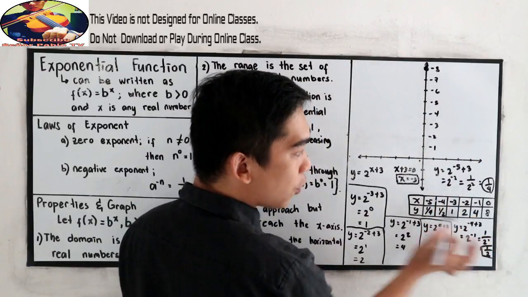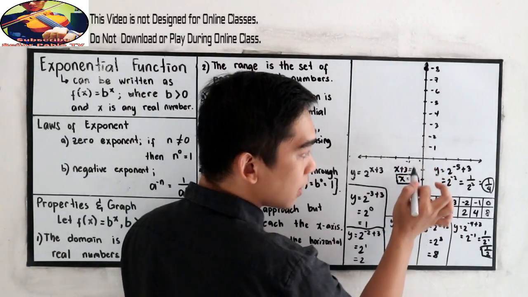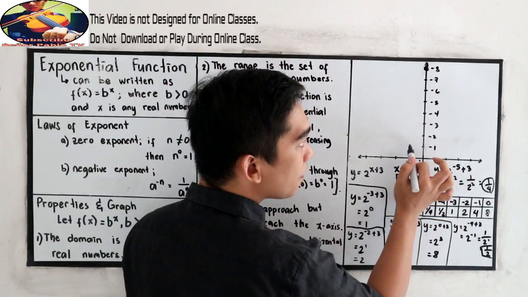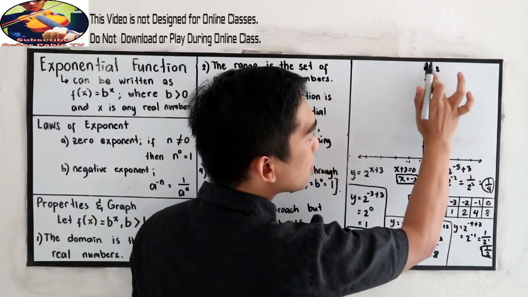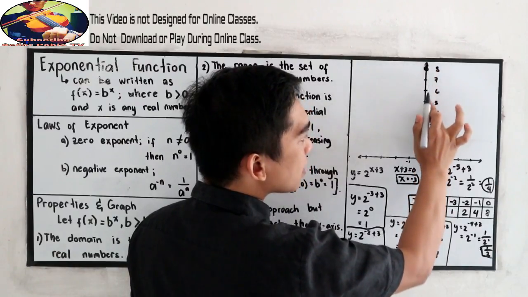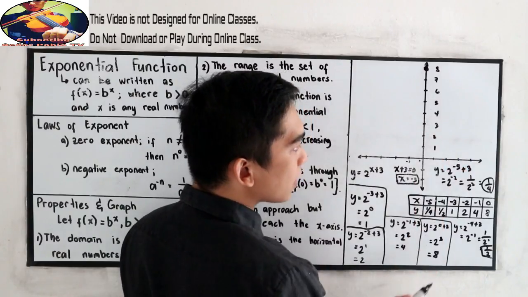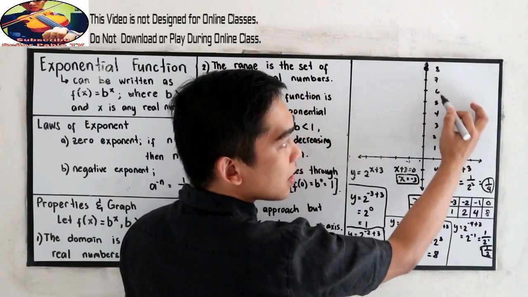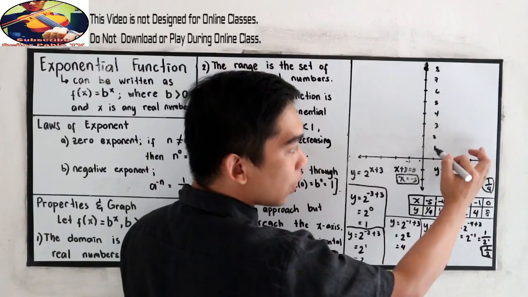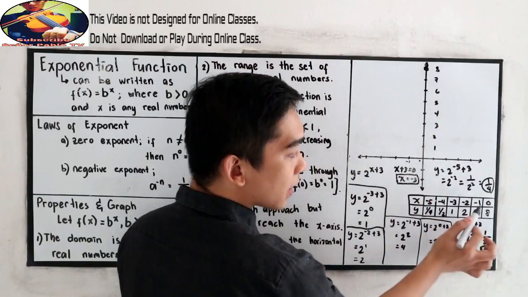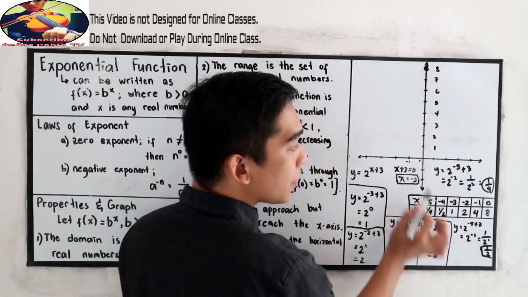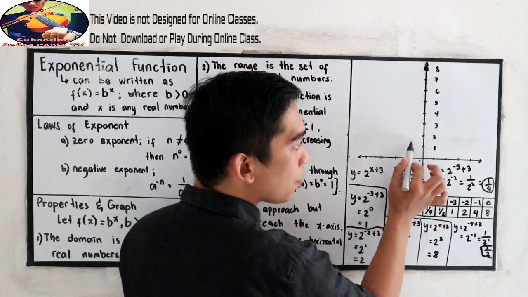This is the positive numbers. Again, let us repeat. Positive 8, 7, 6, 5, 4, 3, 2, and 1. Negative 1 going to positive 4.